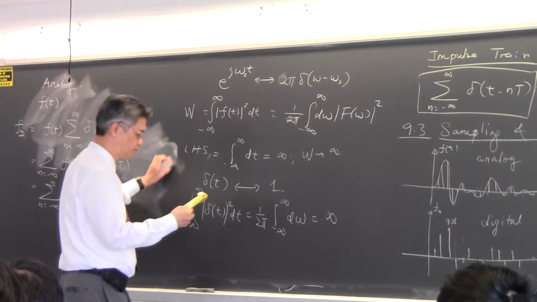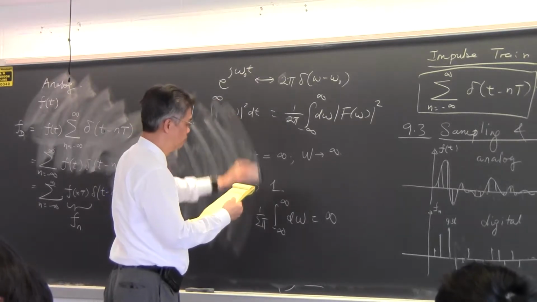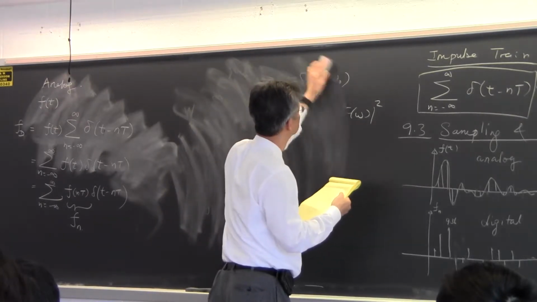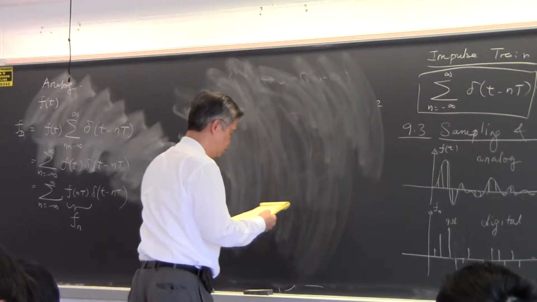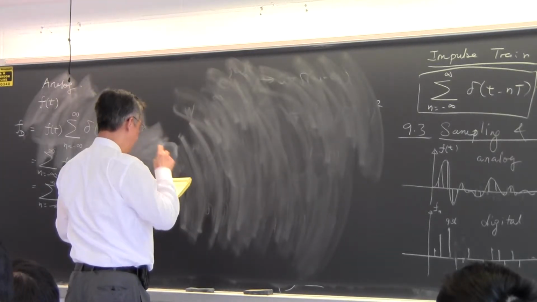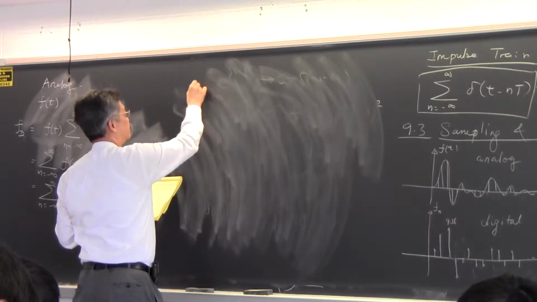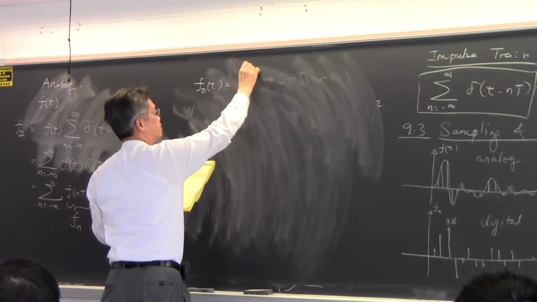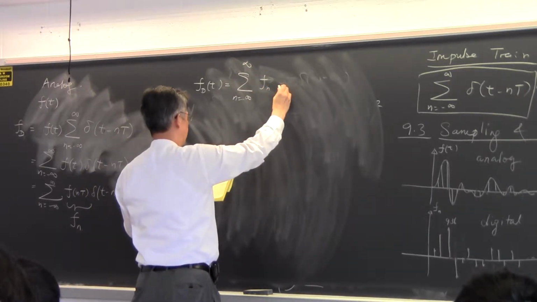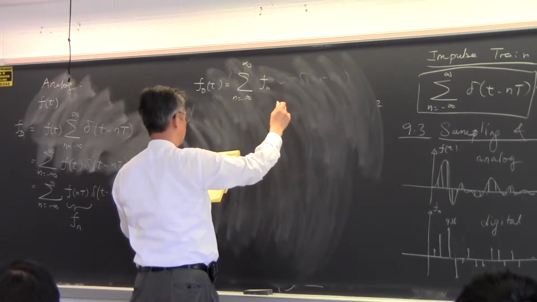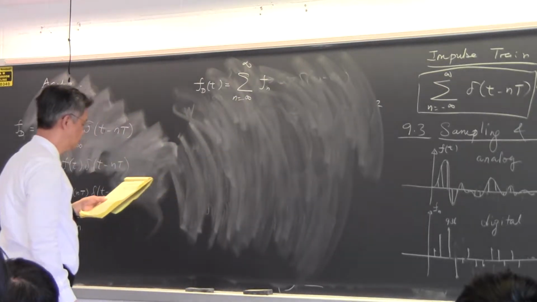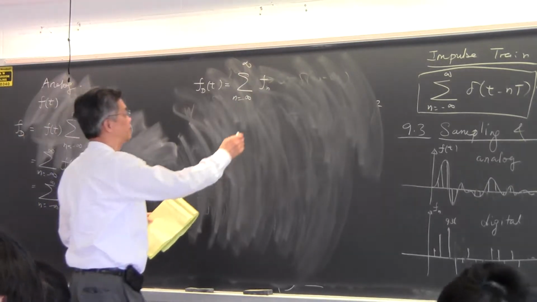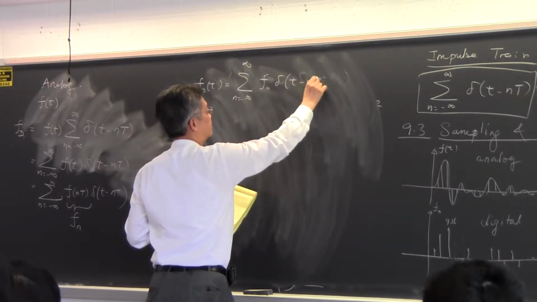If I have the digitized version of the original signal, I write it as f sub n times delta t minus nt.